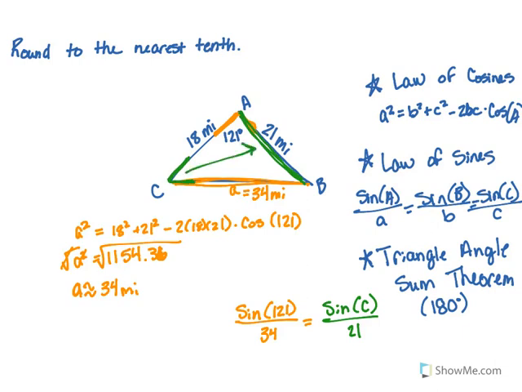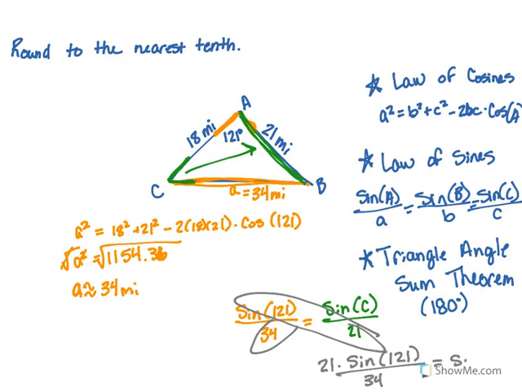It's just the side and the angle across from each other. So now you need to do that sombrero. So you're going to do 21 times the sine of 121 over 34 equals the sine of C. Remember, that just means we're going to do the sine inverse at the end. So go ahead and type that in. 21 times the sine of 121 divided by 34. Ooh, 529. I did not type that in right.